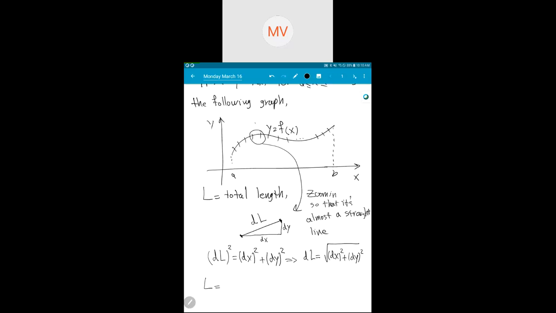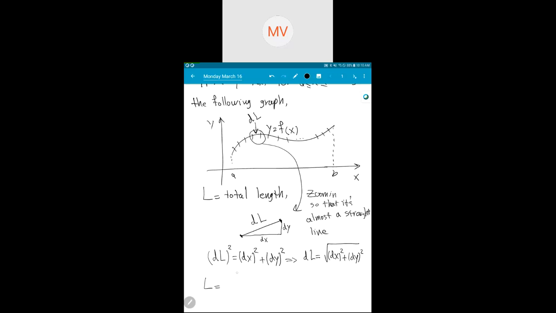So I'm going to call this dL on the graph. I want to sum up all of those when the length of each dL is very small, but the number of them approaches infinity, and that's nothing but integration.